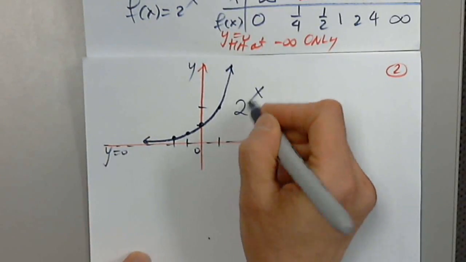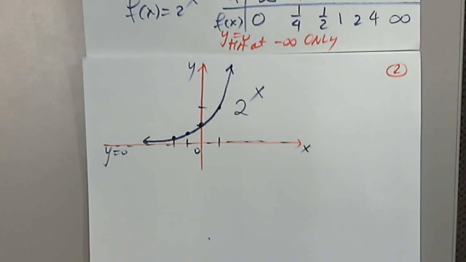And this is the function 2 to the x. It has the highest possible growth. A polynomial function will not go that fast to infinity. Okay? Good. What can we say about this function? A lot. What is its domain?